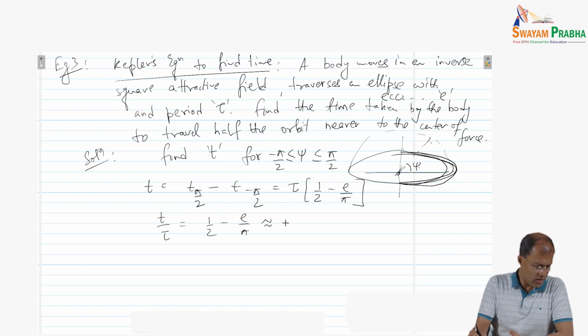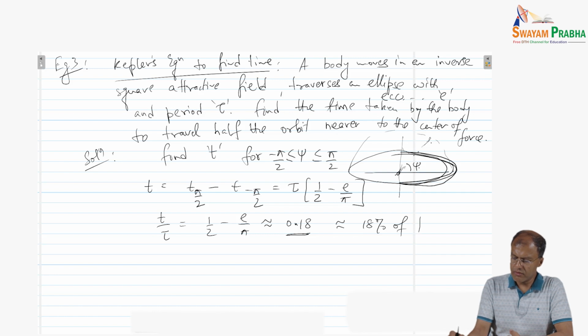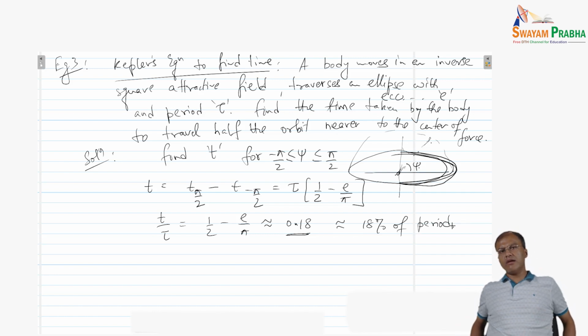And we see that t over tau comes out to be 1 by 2 minus e over pi, and this is roughly equal to 0.18, and this is roughly 18% of the total time, 18% of the period. So this is a very curious result, very strange result, that the time taken to travel half the distance on the ellipse is roughly 18% of the total period.